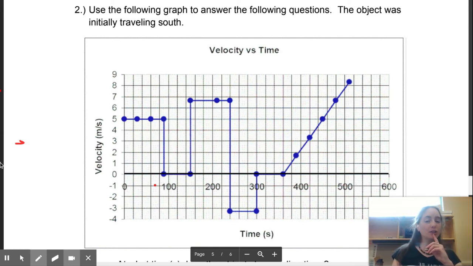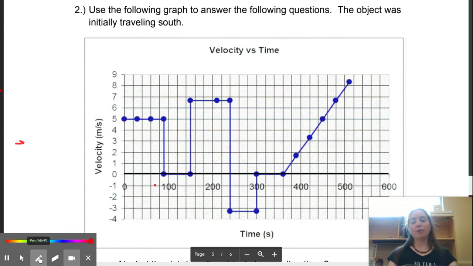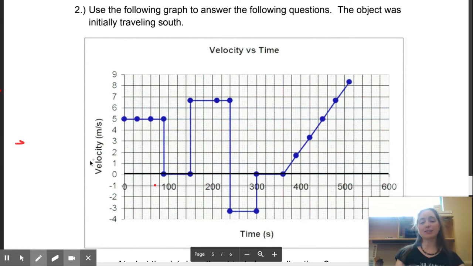Now, this is a tough one, ladies and gentlemen. Remember that when an object changes directions on a velocity time graph, it has to cross the x-axis. So here we go. We've got a time there. That's crossing the x-axis, and there is crossing the x-axis. All right.